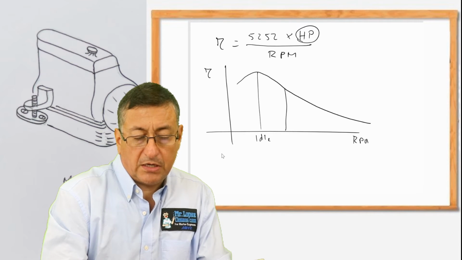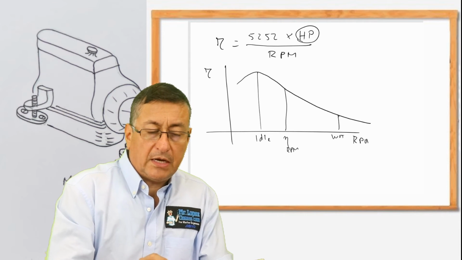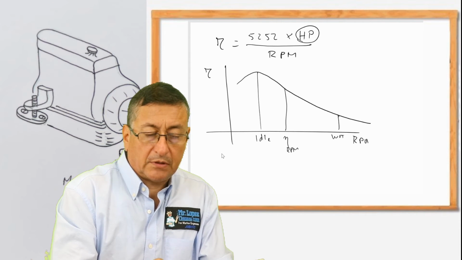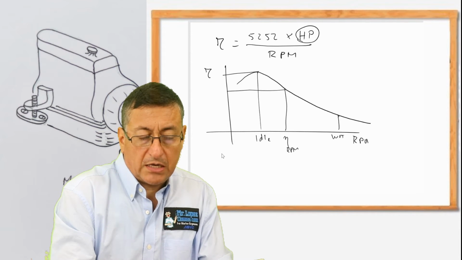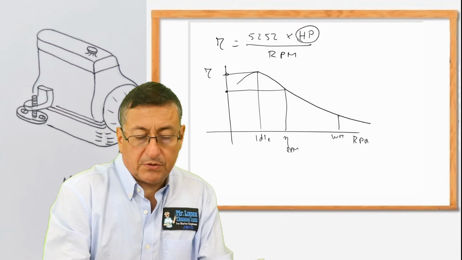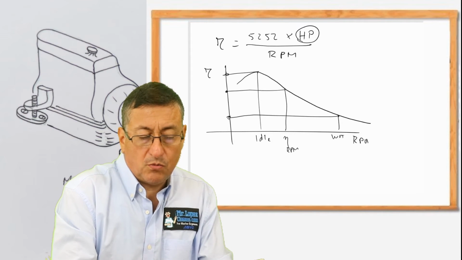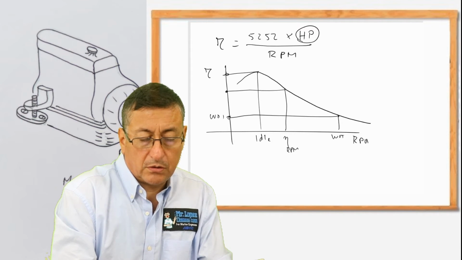This is the operational, the maximum efficient RPMs. This is wide open throttle. Normally the torque is maximum in idle. This is the torque at operational RPMs, and this is the torque in wide open throttle. And this is in idle.